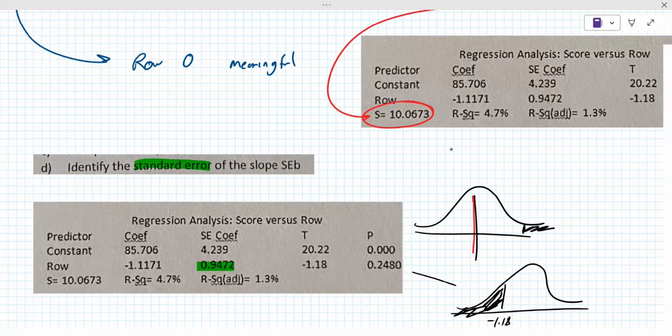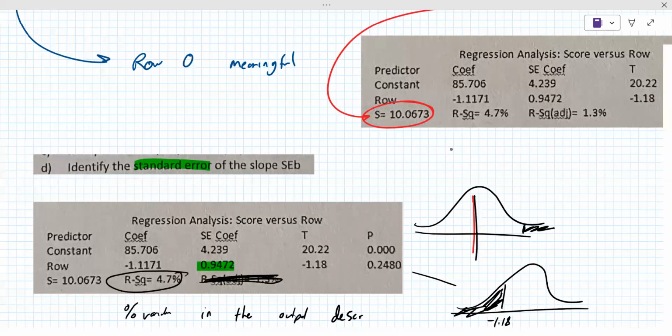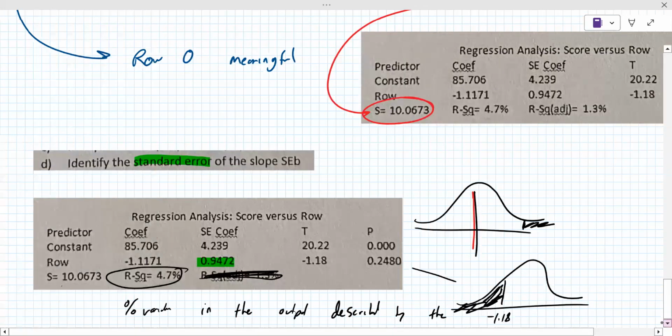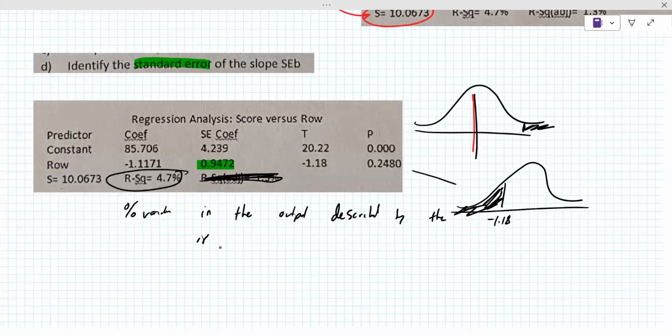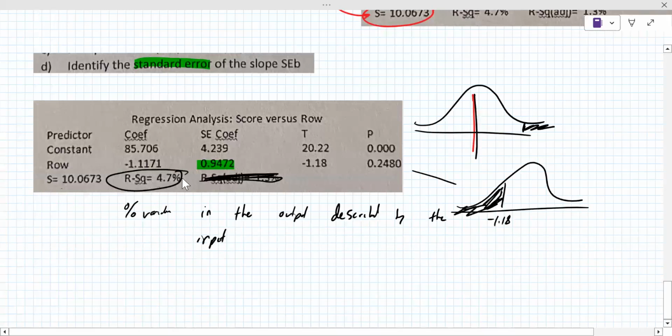The S we just talked about. The R square, you're not going to use the adjusted value; you're going to use this one. This is the percent variation in the output described by the input. Especially in this problem, it describes how well the input variable, which is row, actually contributes to the score.